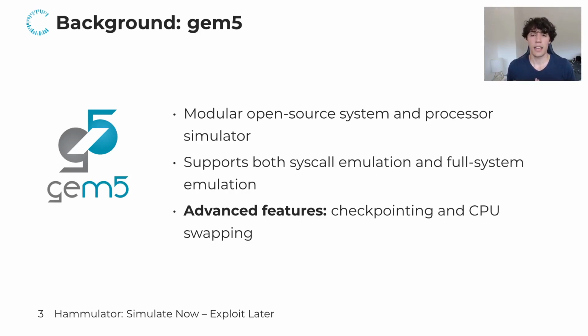And the idea there is you have timing CPUs in GEM5 that are kind of slow because they simulate cache timing and what we do also DRAM timing. And you have fast CPUs, so for example a KVM-based CPU that uses the Linux kernel KVM feature, and that one is really fast. And in our Hammulator we switch between these CPUs.